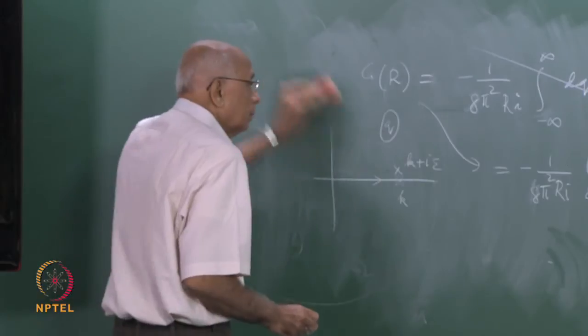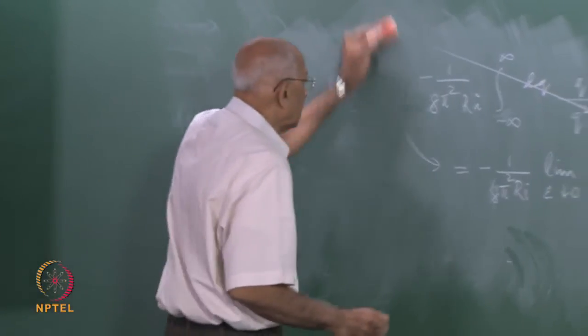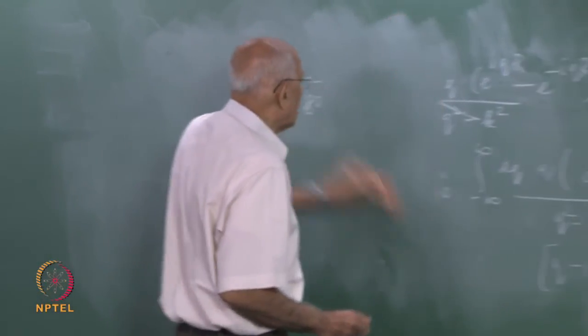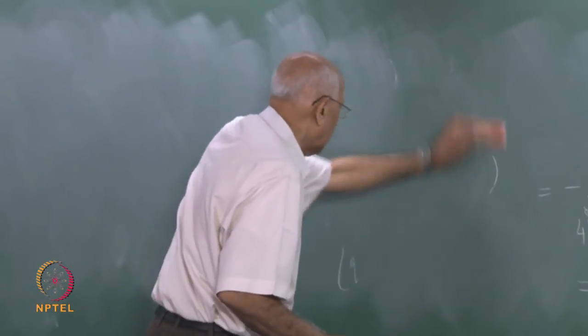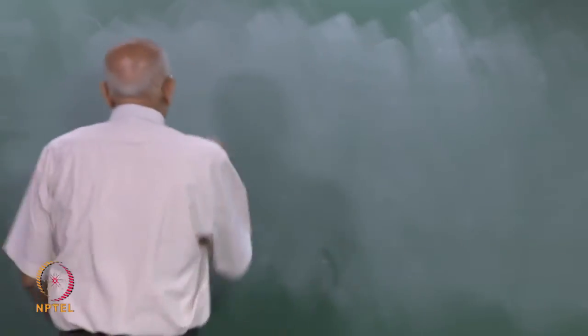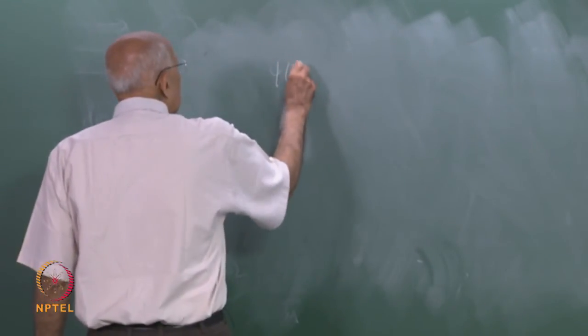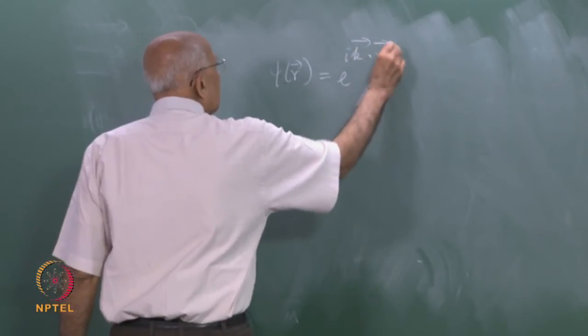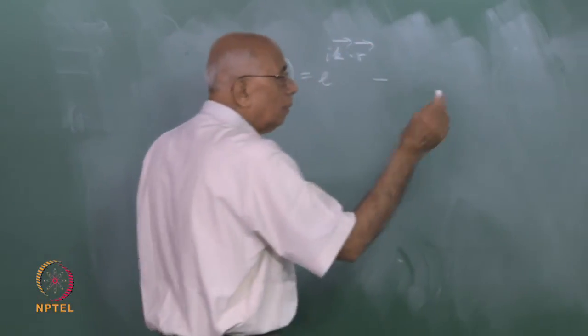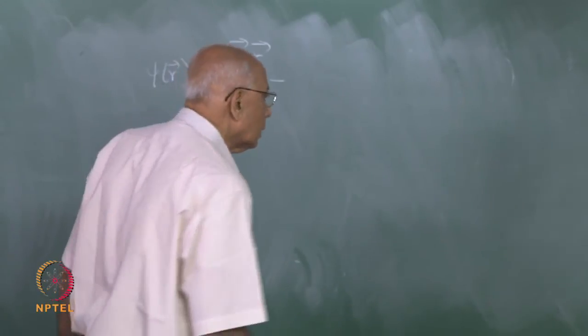And now we are home, because we can write down what our solution looks like, at least what the integral equation looks like. So you have psi of r equal to e to the i k dot r minus, now you have to remind me of all those factors that were sitting around.